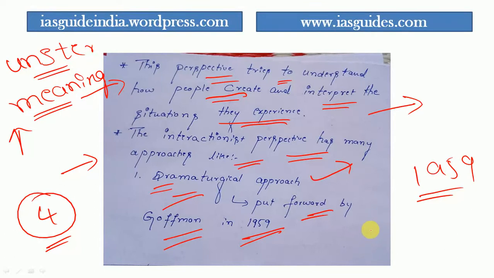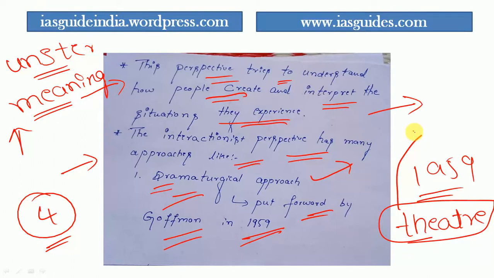Social life is a form of theater and individuals are actors in it who perform their roles.